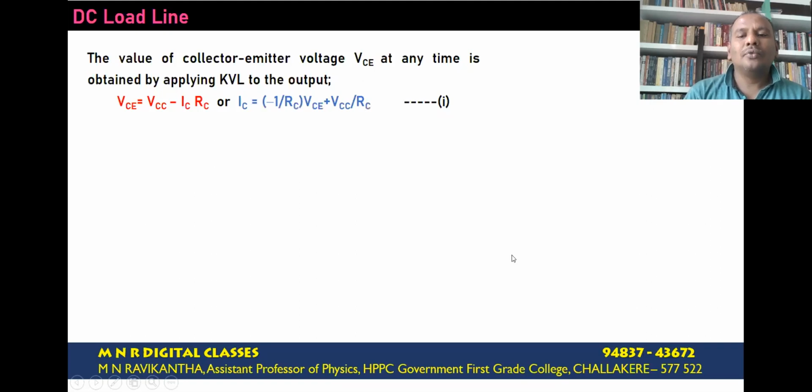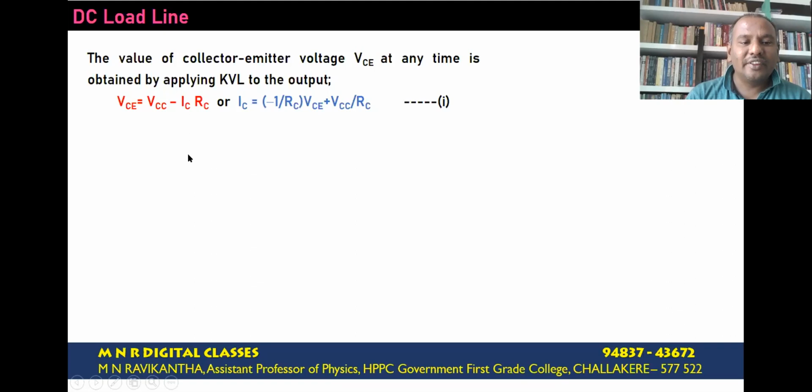Now, to plot the DC load line on the output characteristic curve, we need to find the corresponding points. So to get that, let us apply Kirchhoff's voltage law to the output circuit.